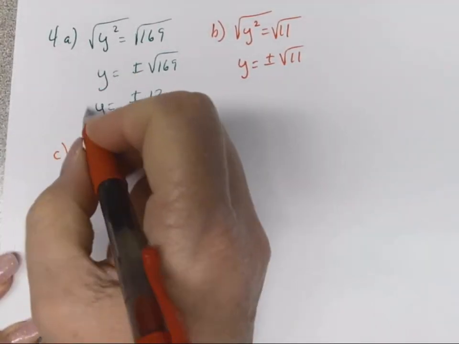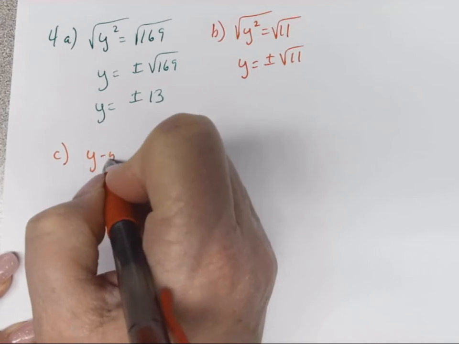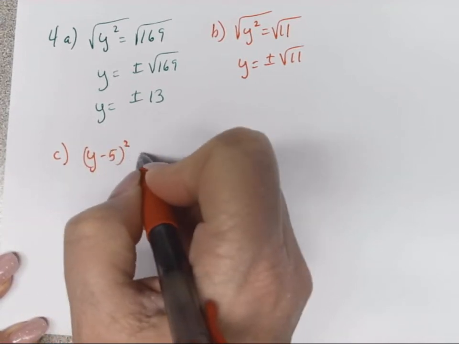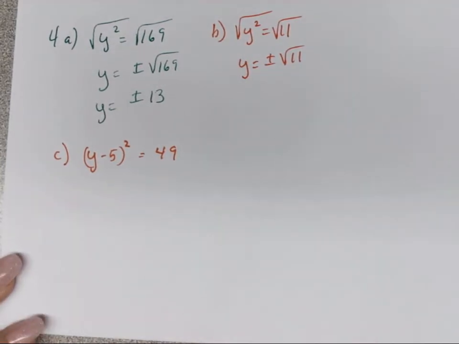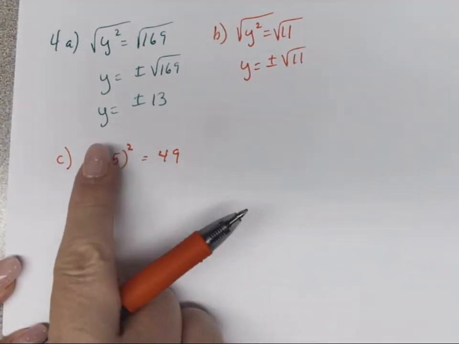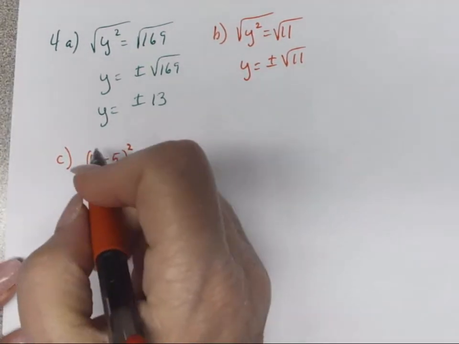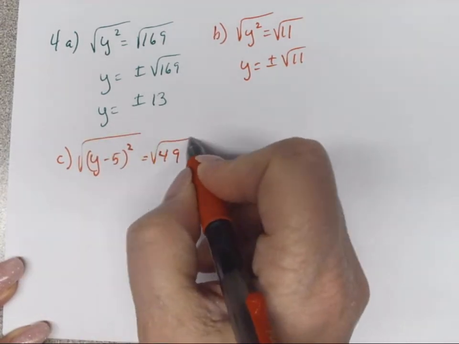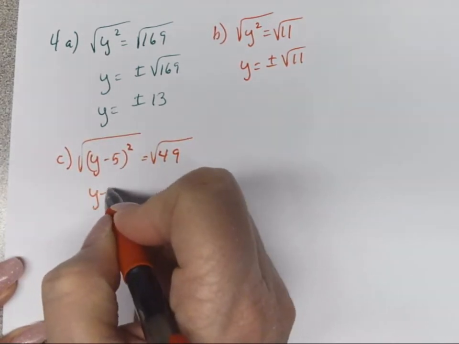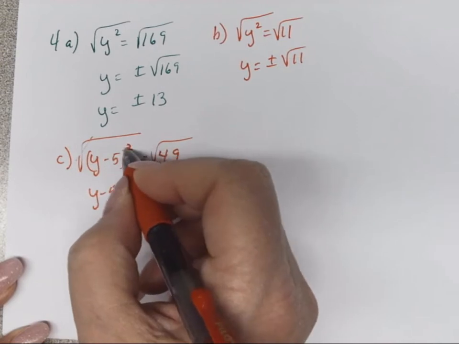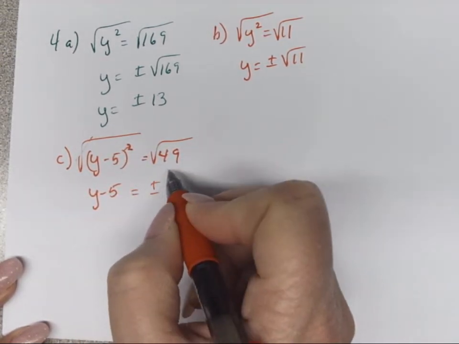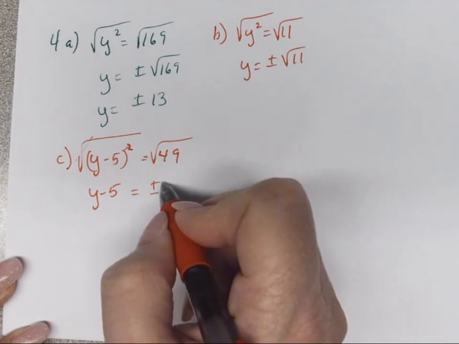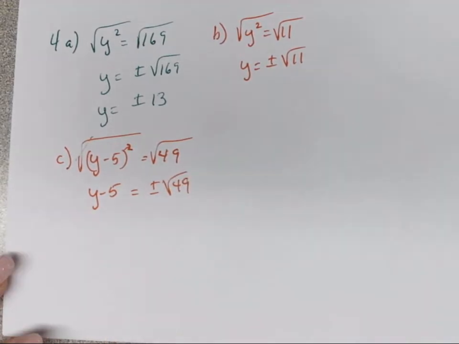All right, let's look at y minus 5 quantity squared is equal to 49. Well, on this one, because the whole thing is squared, I can take the square root of the whole thing. So I get y minus 5, because the square root will take care of the square, is equal to plus or minus the square root of 49.